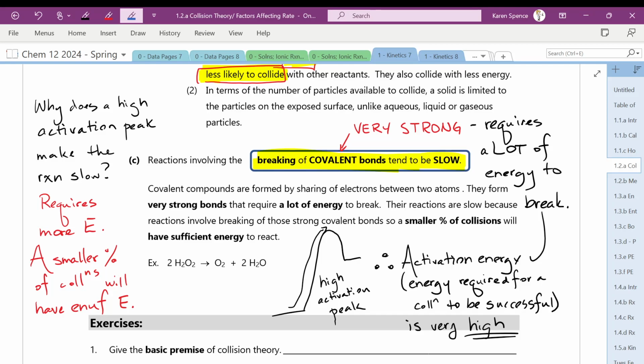How do you know if you've got covalent bonds? Yes, you've got to have non-metal plus non-metal, okay?